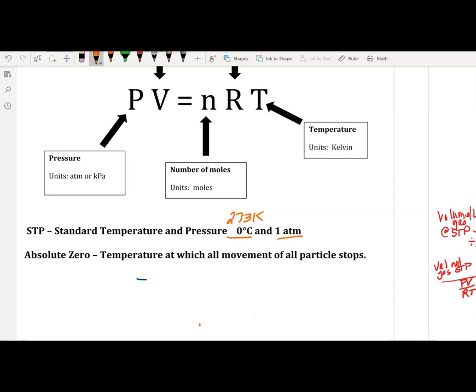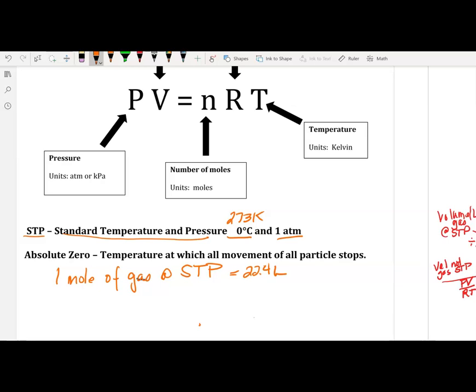And it just so happens, if you have 1 mole of a gas at STP, which we abbreviate from standard temperature and pressure, 1 mole of a gas at STP has 22.4 liters. It doesn't matter what gas.